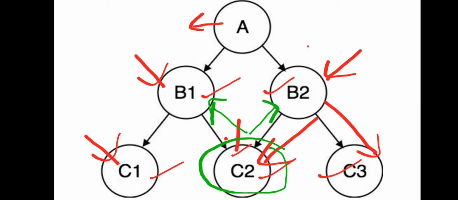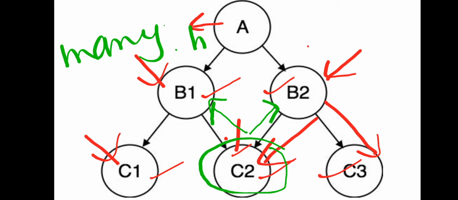So in the network model, one parent can have many children and one child can have many parents, and this follows many-to-many relationship. So what do you mean by this?